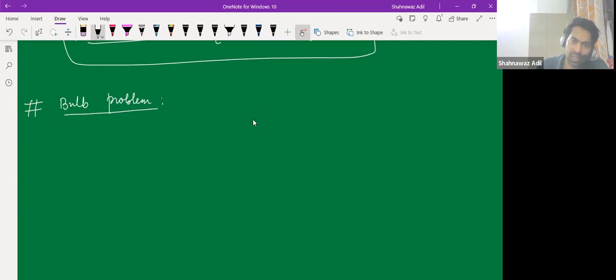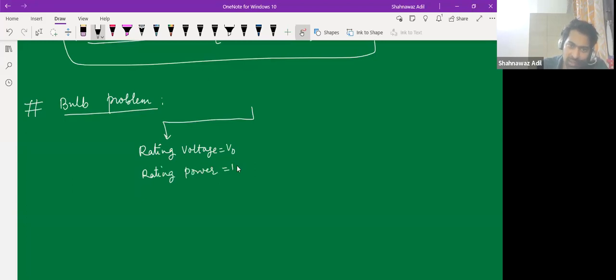There are two things. One is that the ratings are given: the rating voltage, that is V naught, and the power rating, that is P naught. And it will have some resistance.